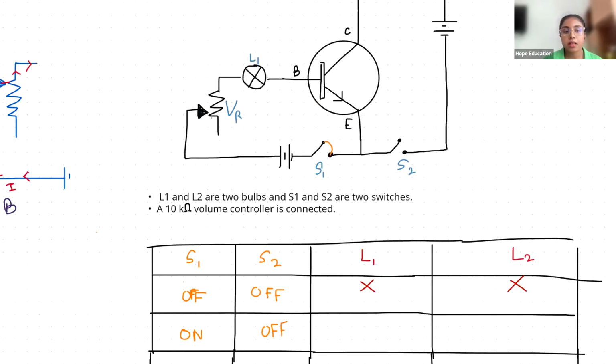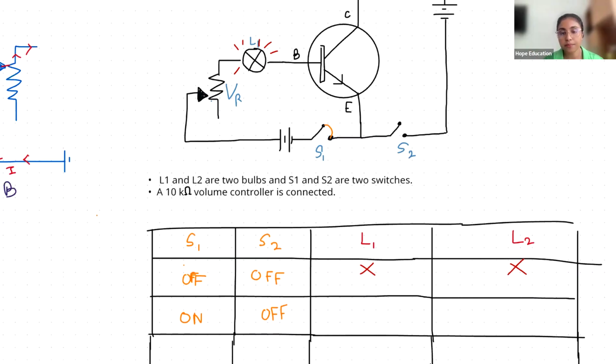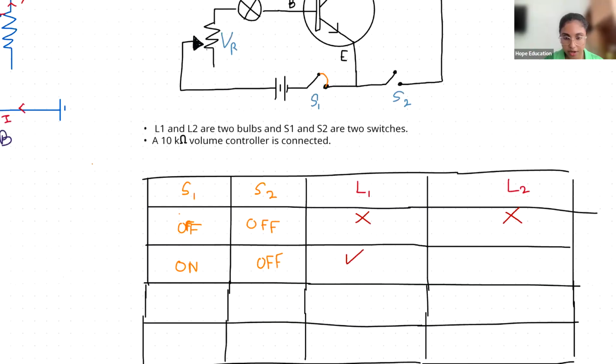When I look at the two bulbs, this is what I can see. L1 lights up. The L1 bulb lights up, right? But the brightness is low. It lights up with low brightness. So the L1 bulb lights up, but with less brightness.